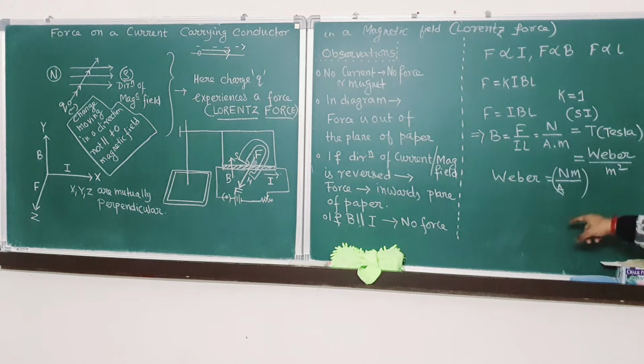Newton by ampere will have to be there, but here there is meter square. That means you are dividing Weber by something so that it gets this. So Newton meter by ampere, if I divide it by meter square, then I will get this. Newton by ampere will remain as it is, meter by meter square, meter in the denominator.